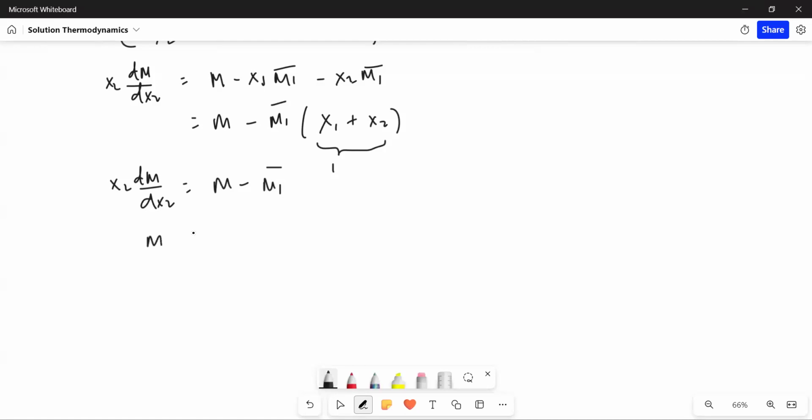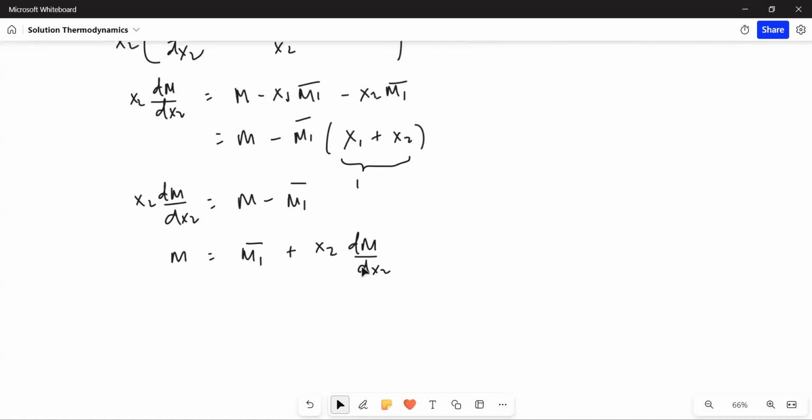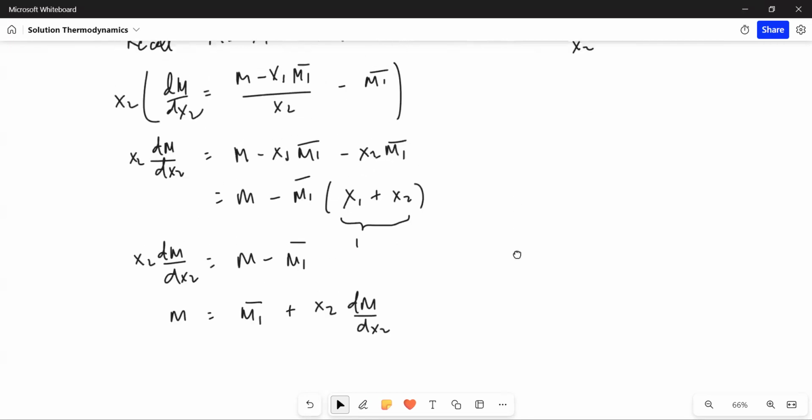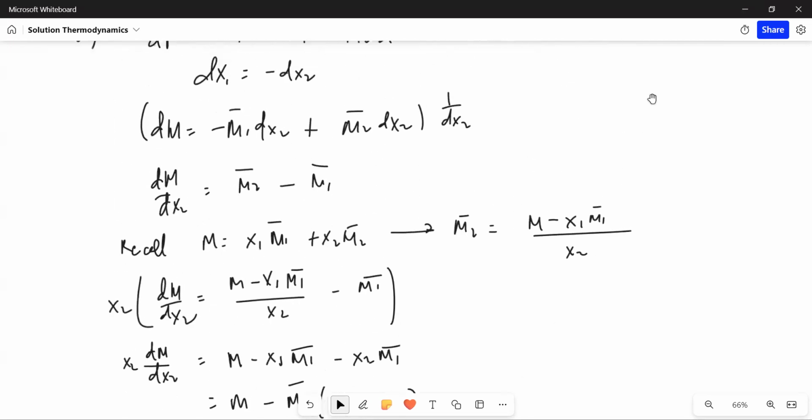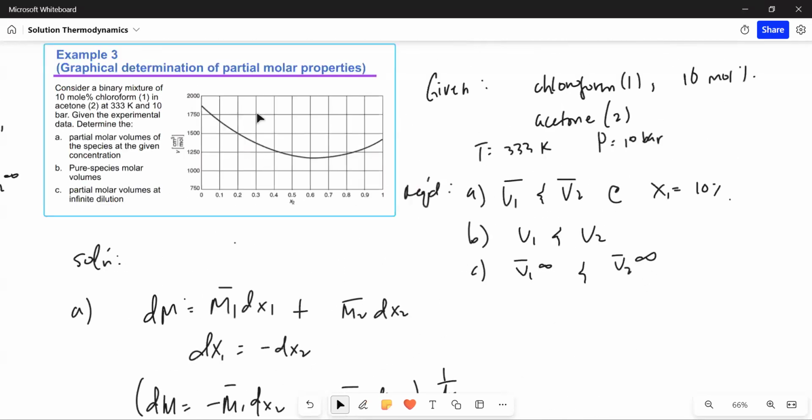Isolating M on one side of the equation, we have M equals M1 bar plus x2 dM/dx2. Now that we have this general equation in terms of dx2 and x2, this is useful for this graph, because this is in terms of x2.